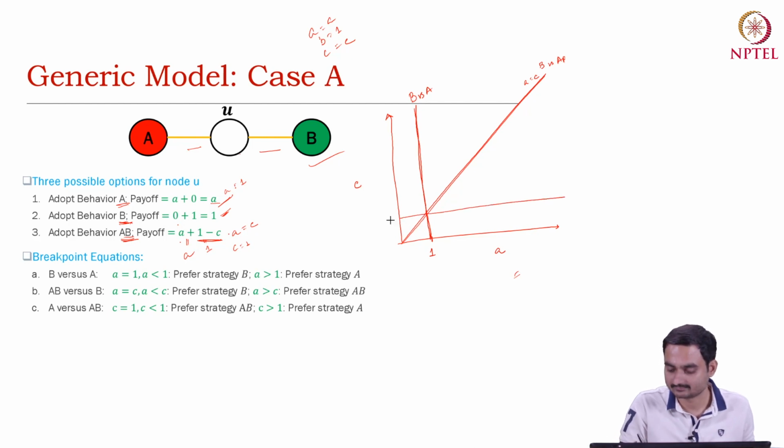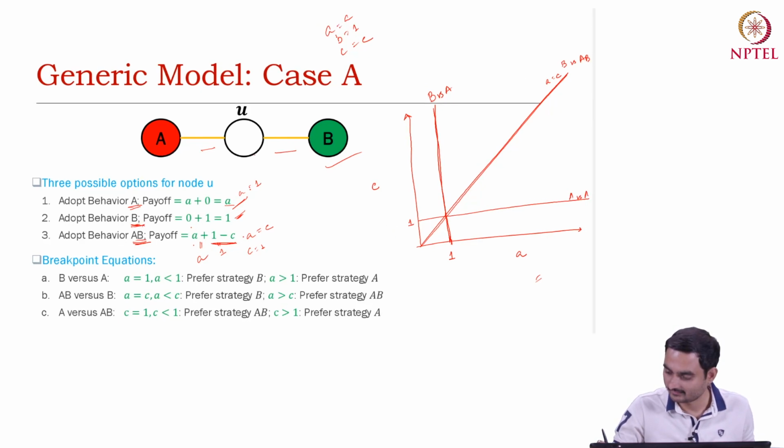This is C equals 1, and on it you will be confused between A versus AB. So we know what would happen when we lie on these lines. These are lines on which you would be confused, and you would choose either A or B or AB, depending on the case.